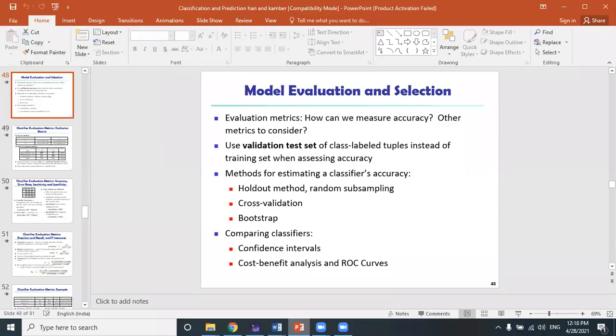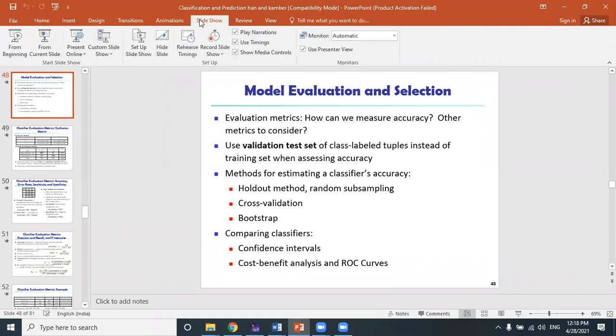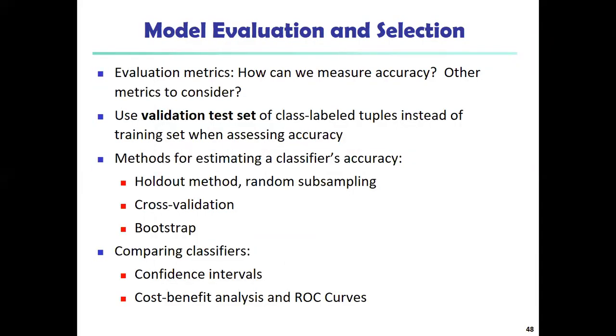Very important. How can we do the evaluation and selection, that is, which one is the best model, or the accuracy of the model? Model evaluation can be done with the help of metrics. How can we measure the accuracy and other metrics to consider?